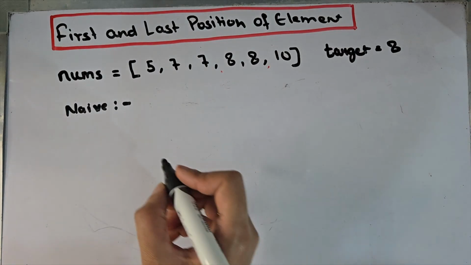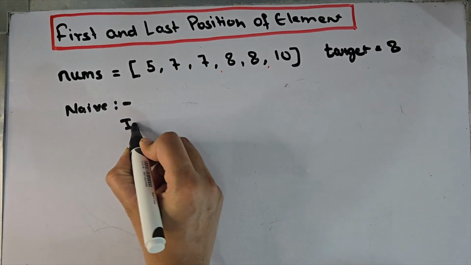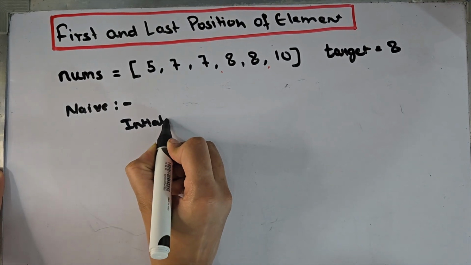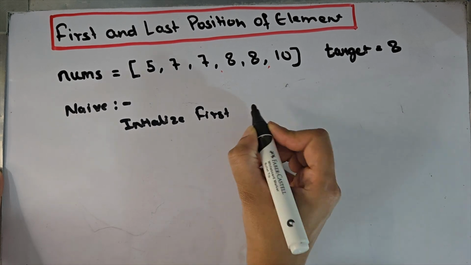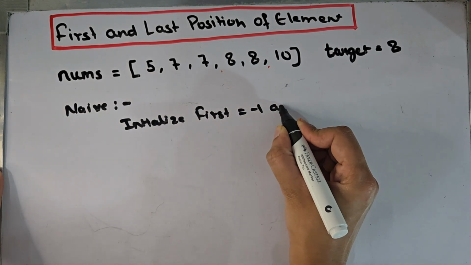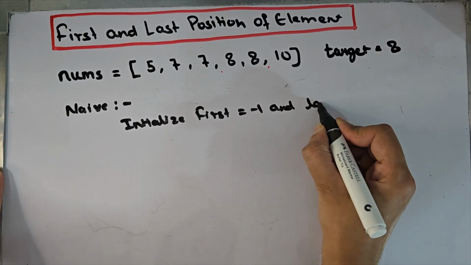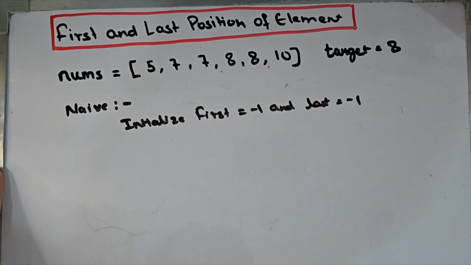So for that, what we'll do is we will initialize an element first with -1 and last also with -1, and we will start traversing the array.